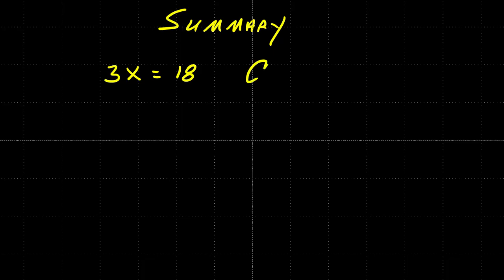So in summary, whenever we have an equation like 3x equals 18, our goal is to get 1x equals whatever that answer may be.